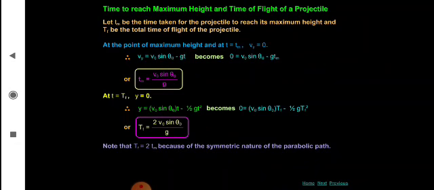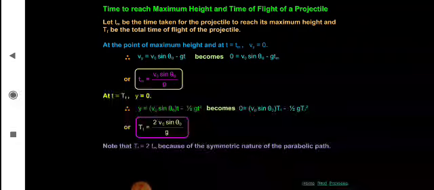Tf is equal to 2 times Tm because of the symmetric nature of the parabolic path. Both halves of the distance are symmetric, so it is a parabola. So Tf is equal to 2 times the time taken for a projectile to reach maximum height.